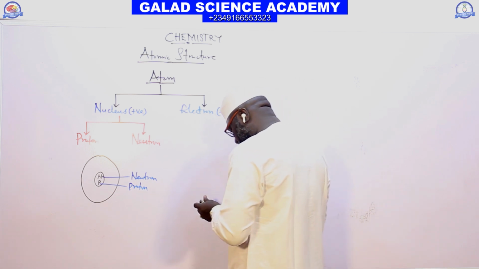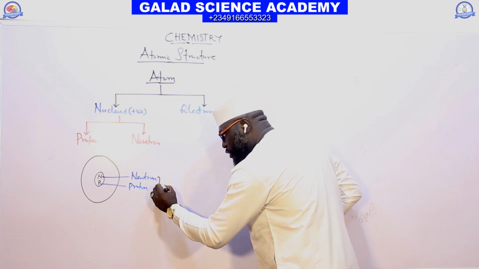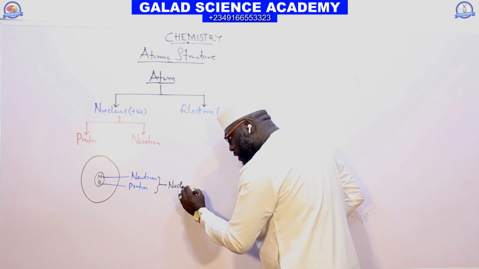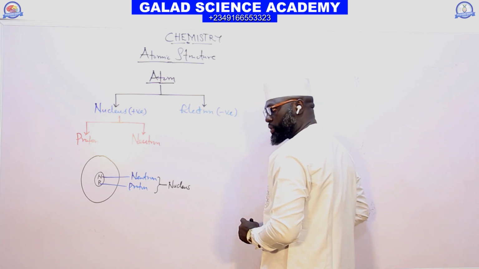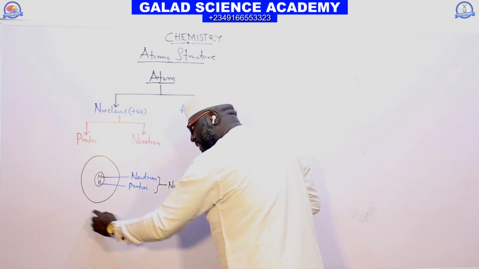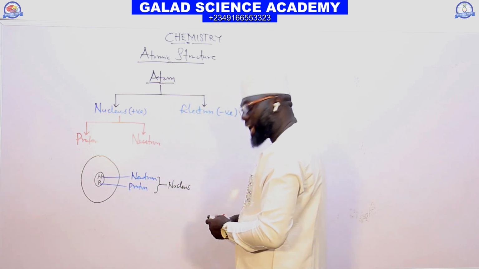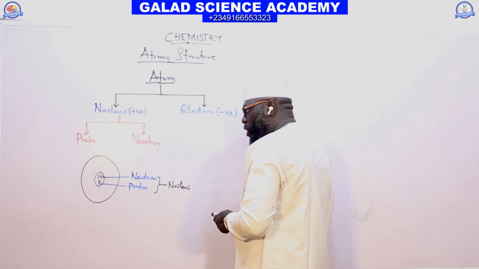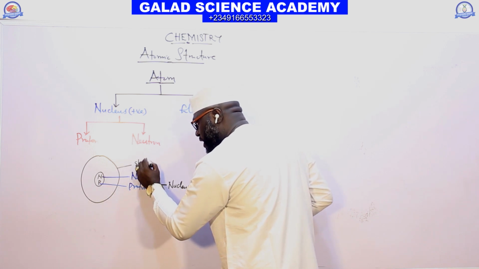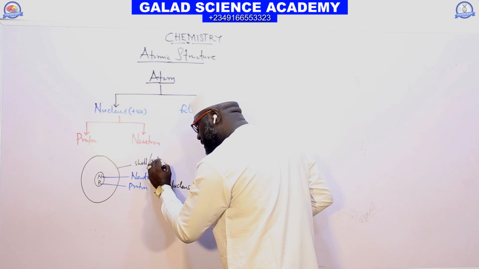The combination of neutron and proton is called the nucleus. And the layer that surrounds the nucleus, we call it a shell or orbit.